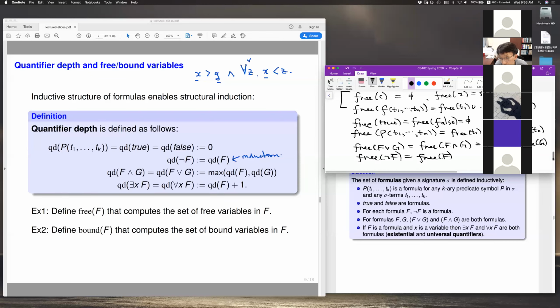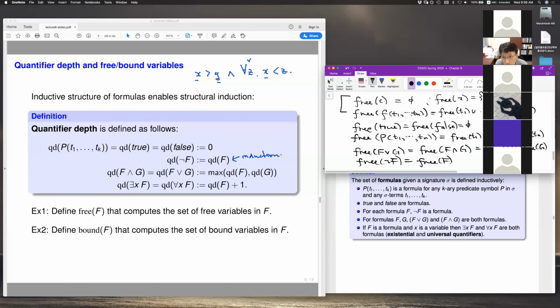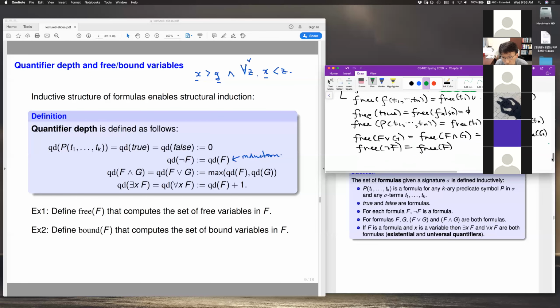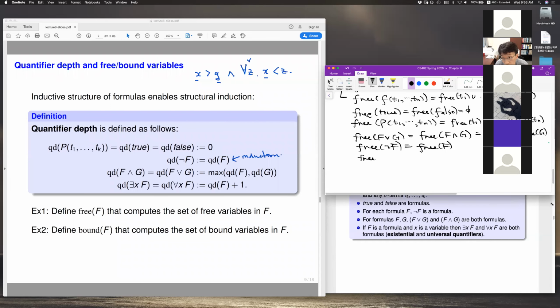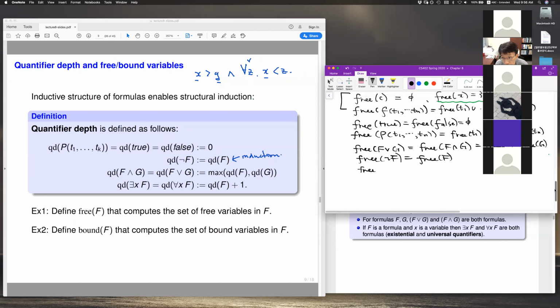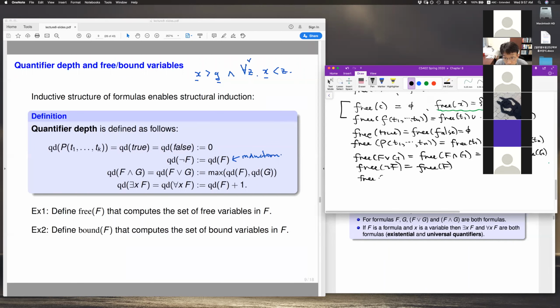So far nothing really happens. The only place where something happens is the one base case. All the others just make the recursive call and take the union. Now the big change is the next case, dealing with quantification. Free of universal quantification behaves the same as free of existential quantification.